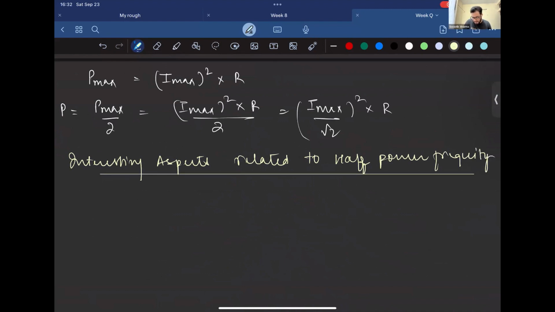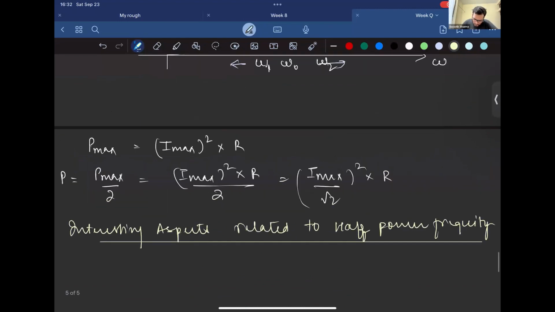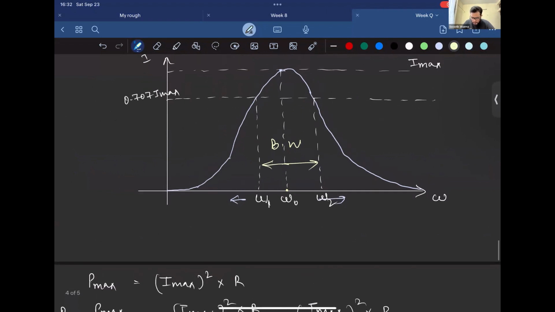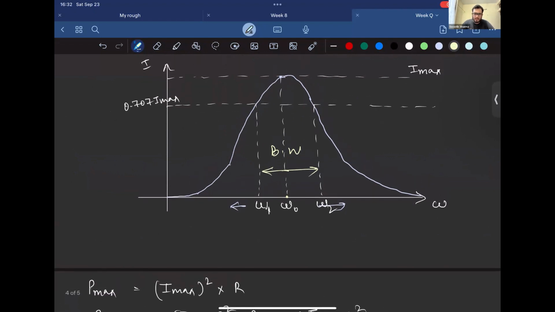When I say that, just remember that it's nothing but the half power frequencies. I've told you that below omega naught, our series RLC circuit behaves capacitive, and above omega naught, it behaves inductive.